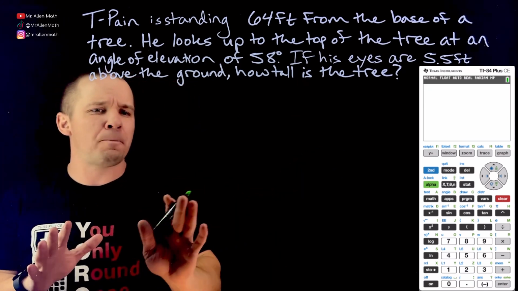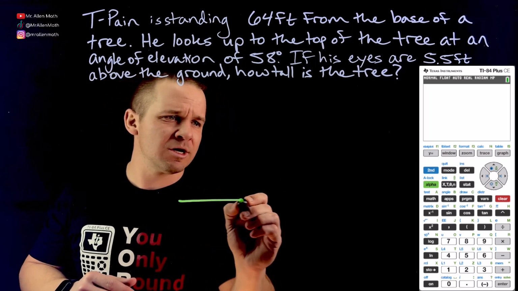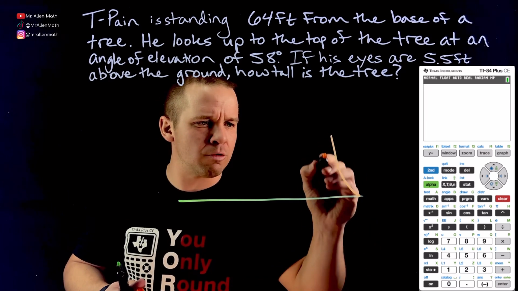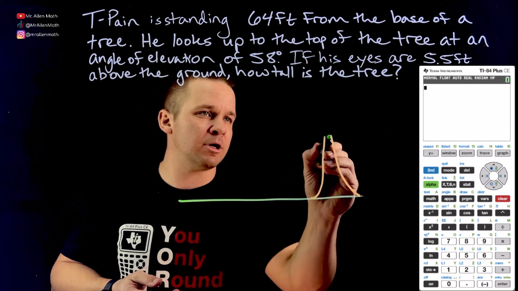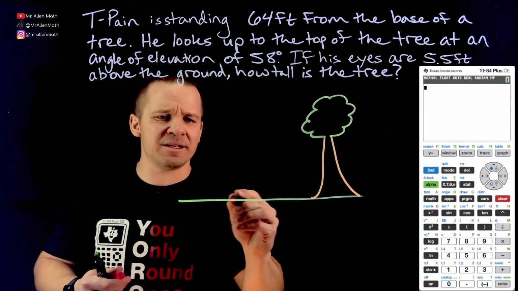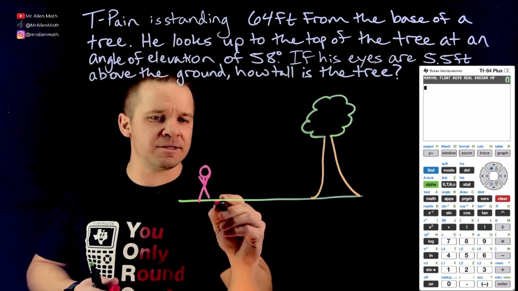All right, so let's draw a little picture here of this mathematical scenario that we're working with. So I got some ground here, and then how about a little tree trunk? Then we can add some foliage at the top of this tree. Beautiful. Now let's get T-Pain standing over here. He's 64 feet from the base of the tree, right?